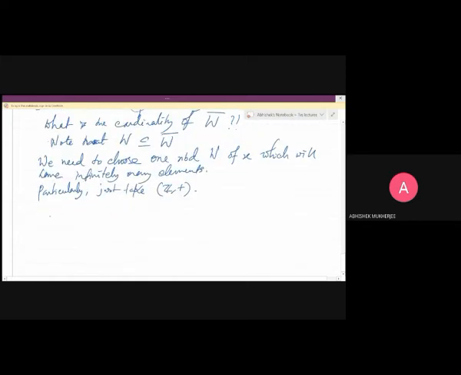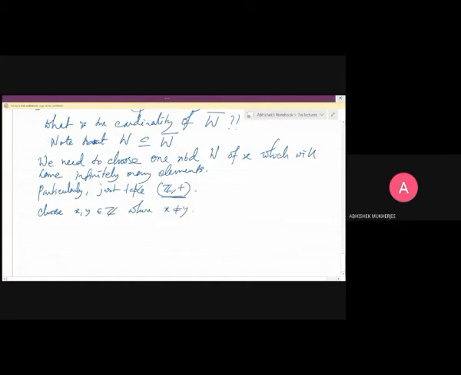Just take, the idea is that since it is infinite, you can choose 2 points. Suppose one is X, another one is Y, where X is not equal to Y, right?